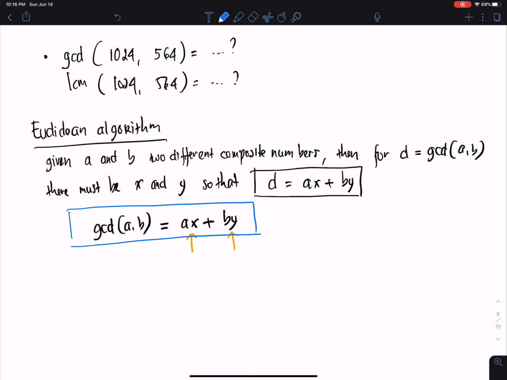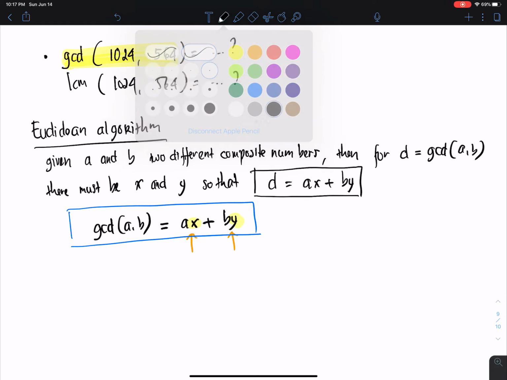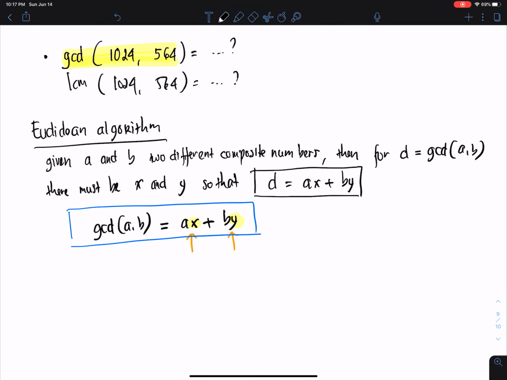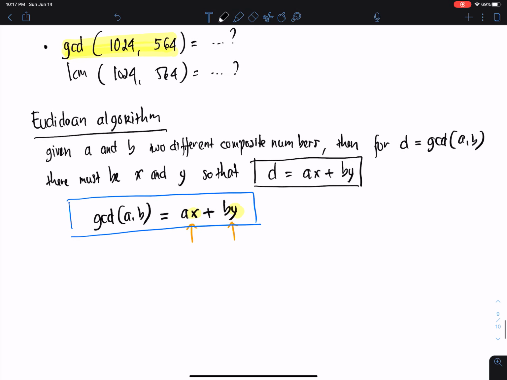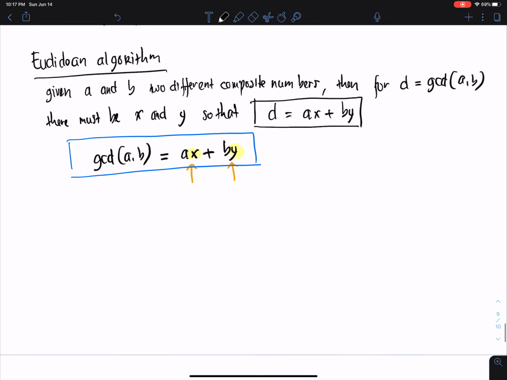So for big numbers like this, it will be easy for us to find the GCD, and at the same time we can find the x and y numbers. Okay, you need to focus more on this section because it's not complicated, but needs more focus. Okay, now I will show it to you.